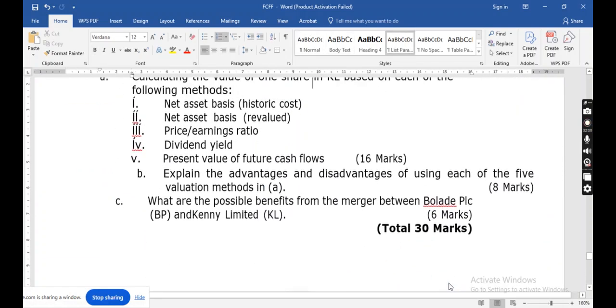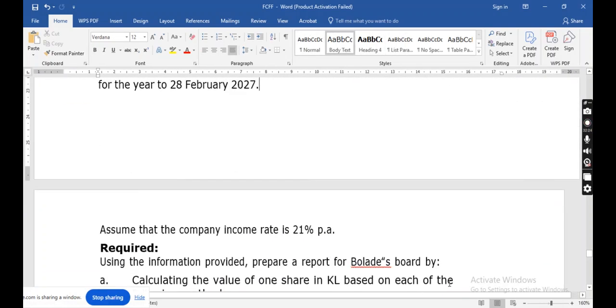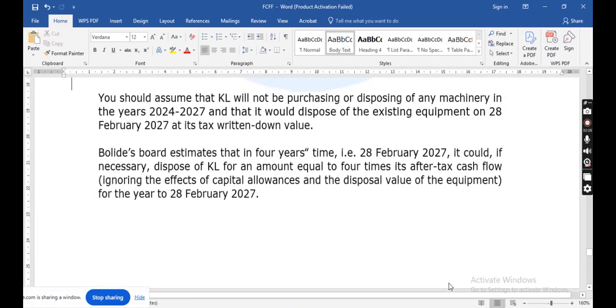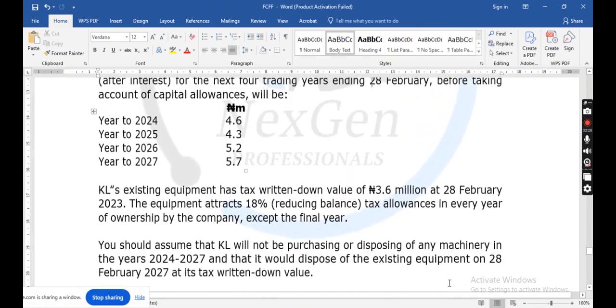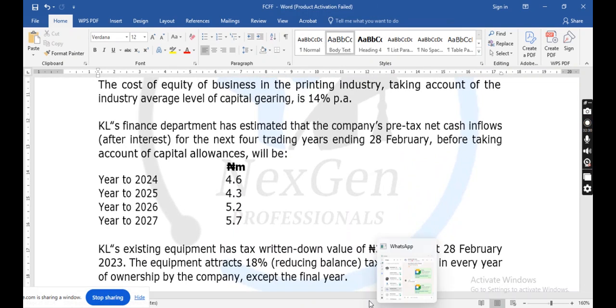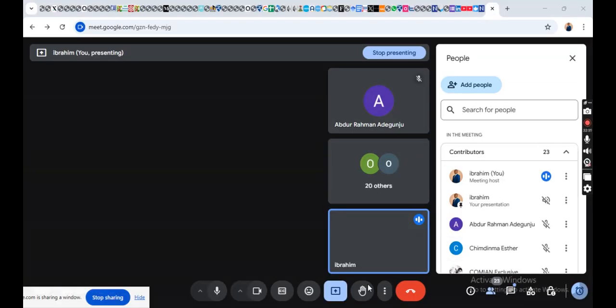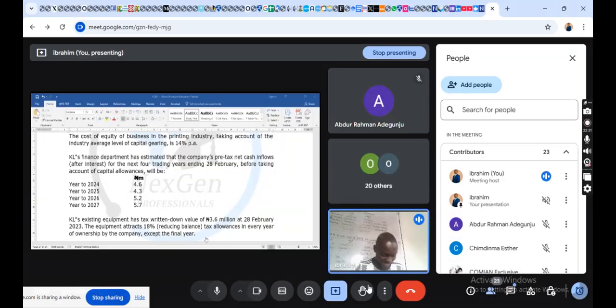Then the other question. I think we have 2 more questions, this question and KOL PLC. So class, I think I'm tired. Please, can you try this question? We'll continue.